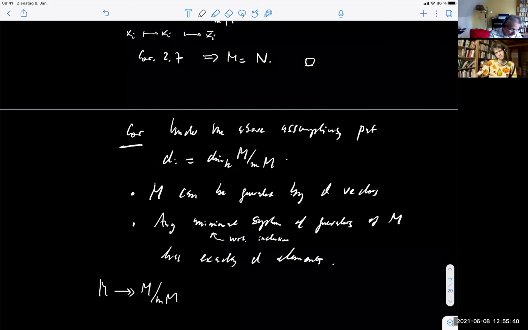If I have generators here, let's say x1 to xn that generate M, you just map them. If they generate, then these images also generate, right? So you cannot have fewer. Is it clear? This is the trivial direction. And the other direction is the non-trivial one, which requires Nakayama.